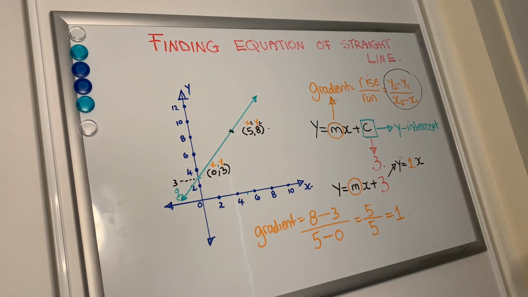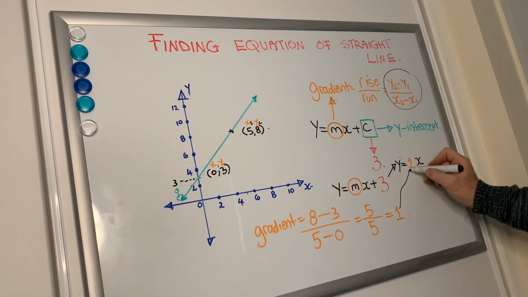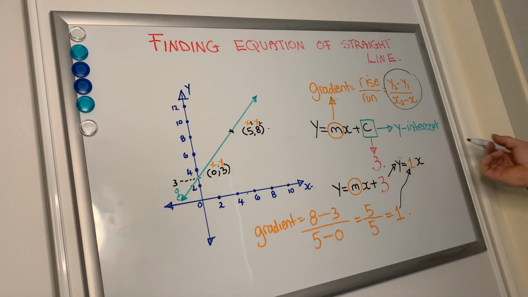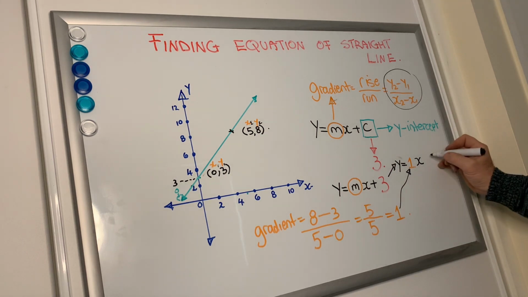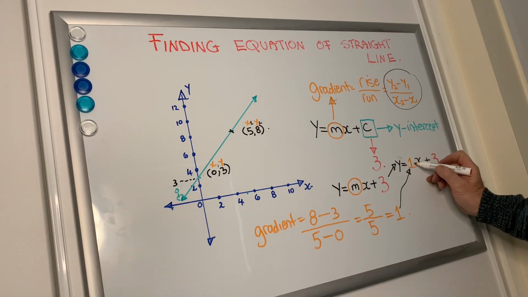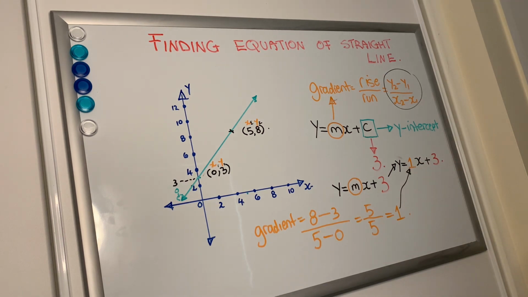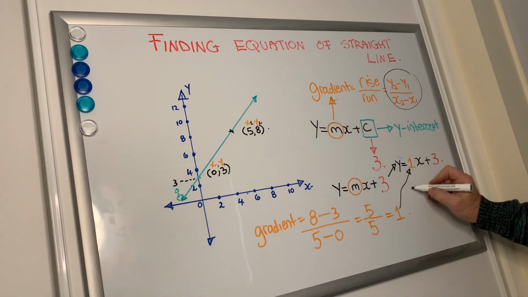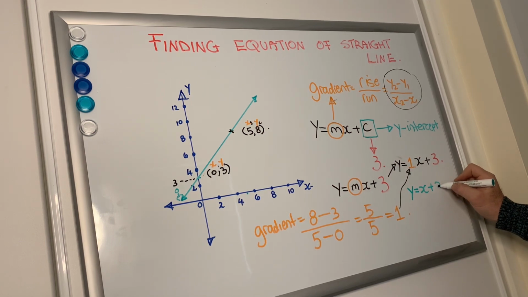We don't really have to put the 1 there, but I'm just letting you know that that's where the gradient has come from. y equals 1x or y equals x, plus 3. Now, because we now know that y equals 1x plus 3, we wouldn't use the 1 in there, we would just say y is equal to x plus 3.